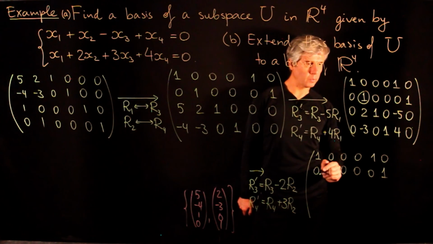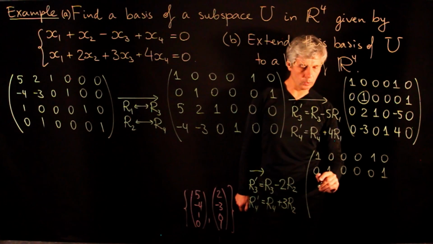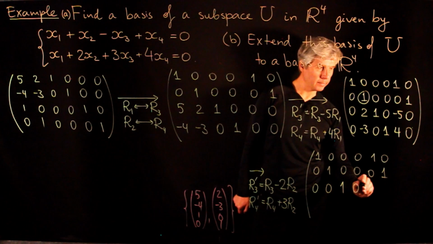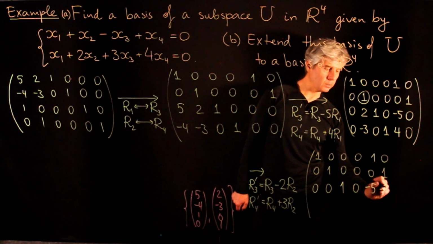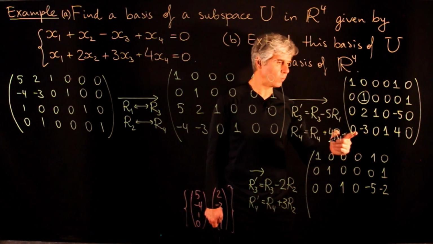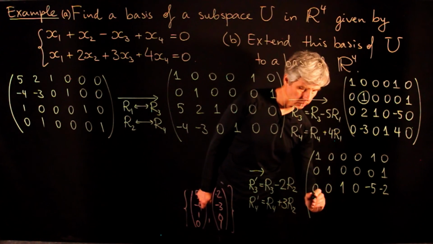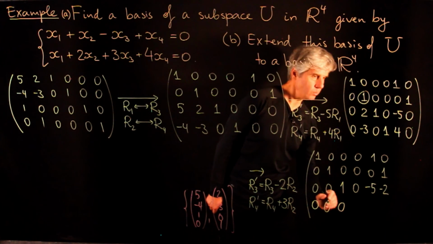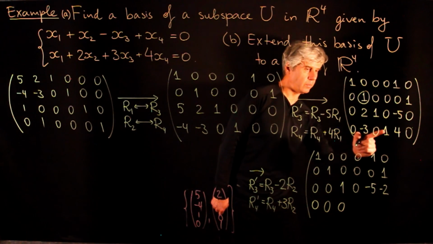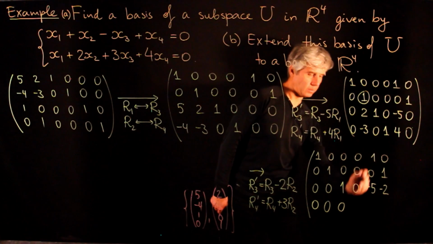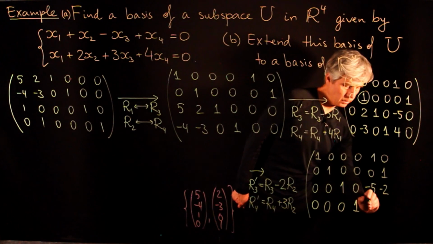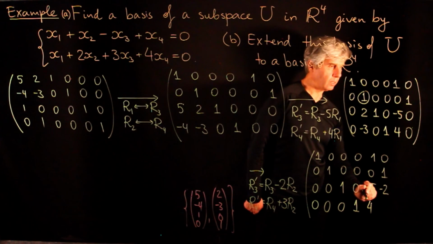Then here we subtract 2 times row 2. So we get 0, 0, 1, 0, negative 5, negative 2. And for the last row, we add 3 times row 2. So we get 0, 0, 0, 1, 4, and 3.